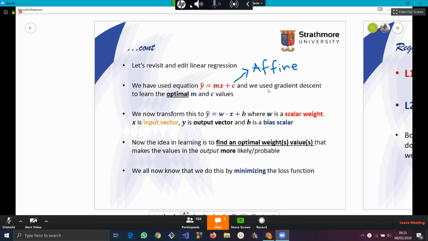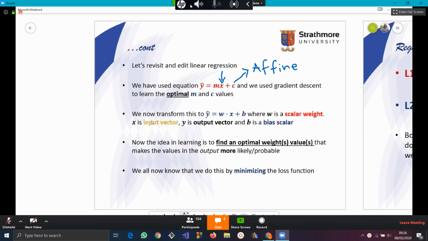So we use gradient descent to learn the optimal, the best m and c. X is usually given. Like I made those notes by hand. You can check on them.